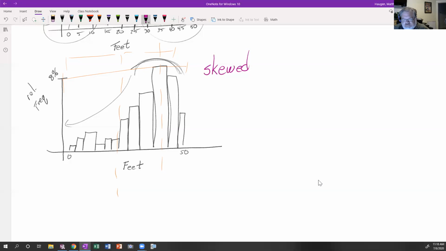Because the information is obviously less on the left than on the right. It's less on the left than on the right? Yes. There's less data over here on the left side than there is on the right side. Why would that make it skewed left instead of skewed right, if, as you said, more of the data is off to the right?